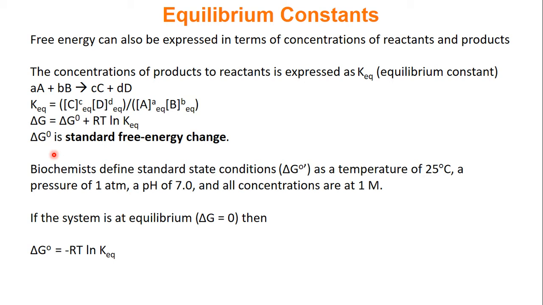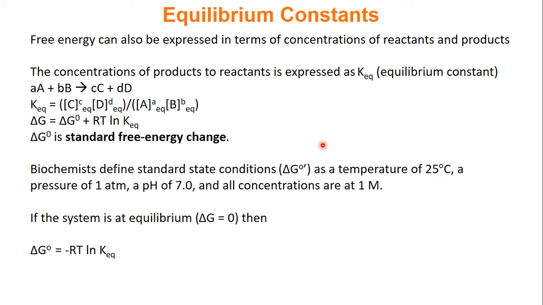And really, standard free energy just means the free energy change under certain conditions. So for biochemistry, we define our standard state, which is delta G naught prime, biochemistry gets this prime here, as temperature of 25 degrees Celsius, pressure 1 atmosphere, pH of 7, all concentrations are 1 molar except water.